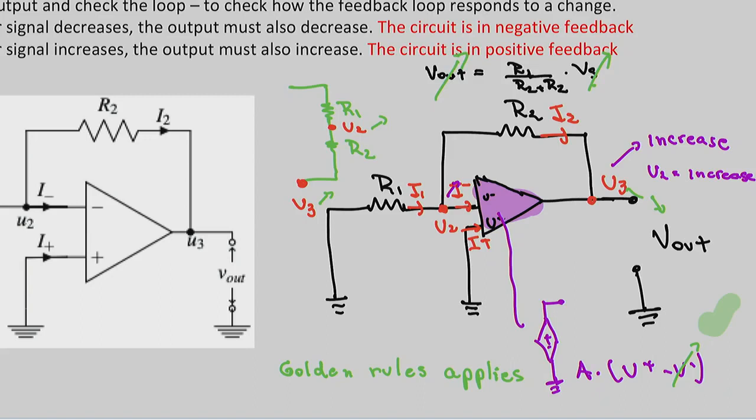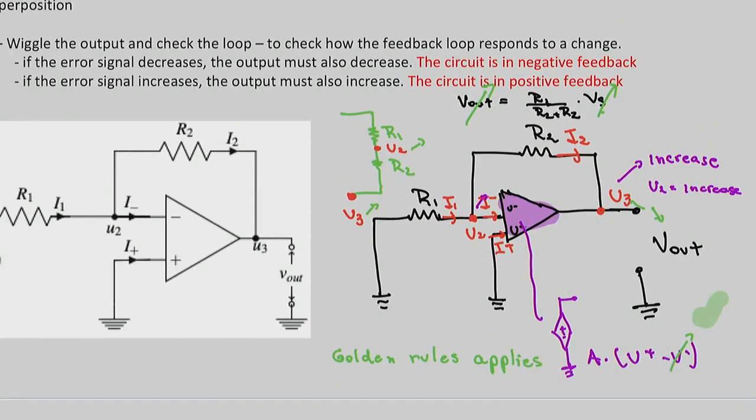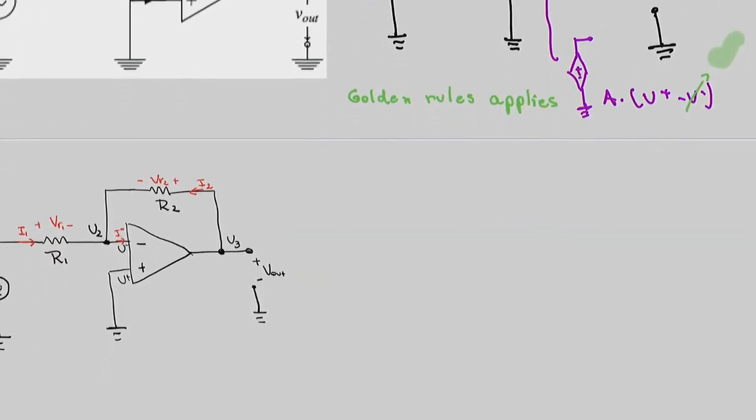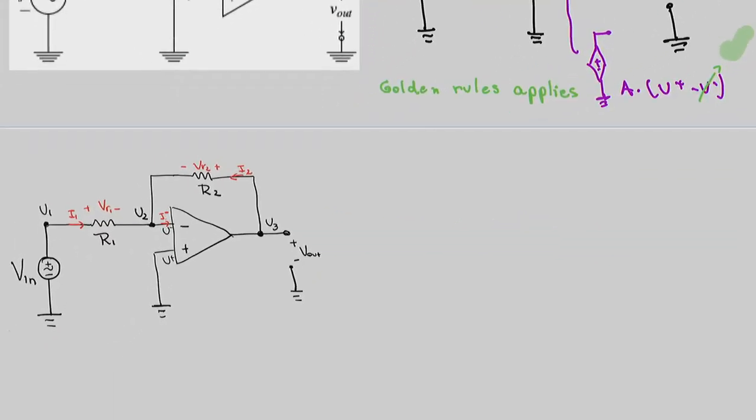All right, now let's do the analysis. Very important step now. When you do the analysis, you turn on your voltages, because your analysis is going to depend on the voltage sources. And just to check if we have negative feedback or not, we turn them off.